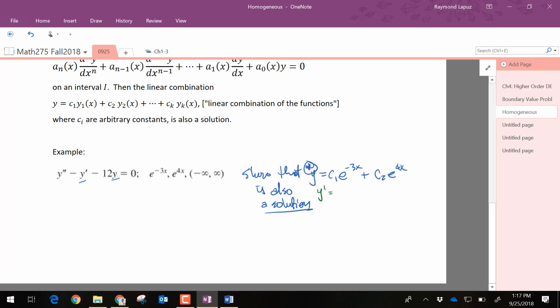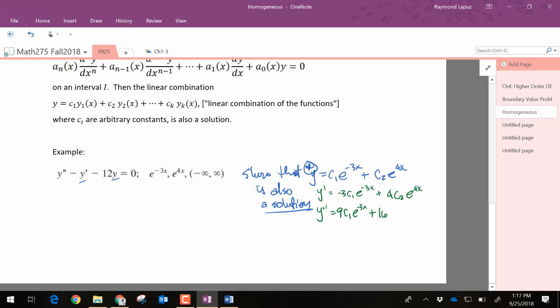So let's find the first and second derivatives. Y prime is equal to, there's going to be a negative 3 that comes out. And then the derivative of this term would be, there's a 4 that comes out. So the second derivative, negative 3 comes out again. Negative 3 times negative 3 is positive 9.